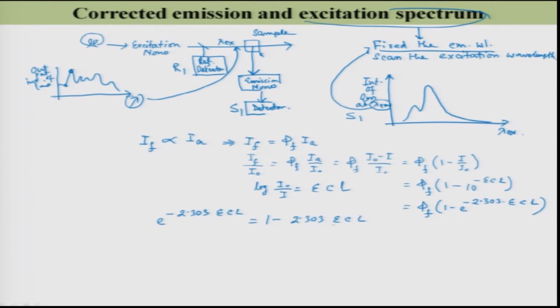So, for small values, epsilon CL is nothing but the absorbance.